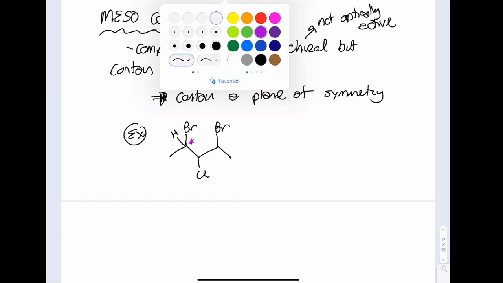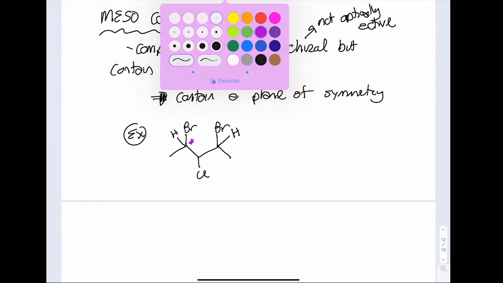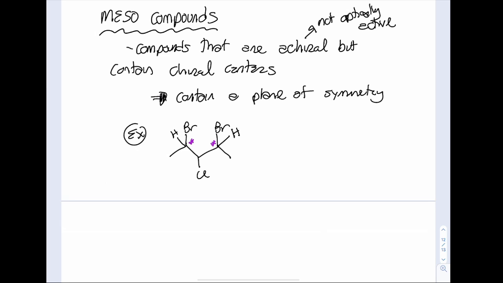And then the other carbon that has the bromine on it is bonded to a hydrogen, a bromine, a methyl group, and then the left part of the molecule. So it has a chiral center. This is not a chiral center, right? It has a chlorine, a hydrogen, but if I go this way, it's actually the same as if I go that way. So that's not a chiral center. Be careful for something like that.